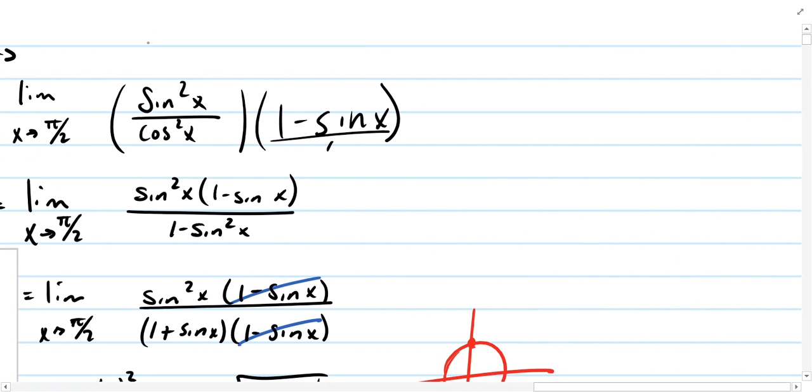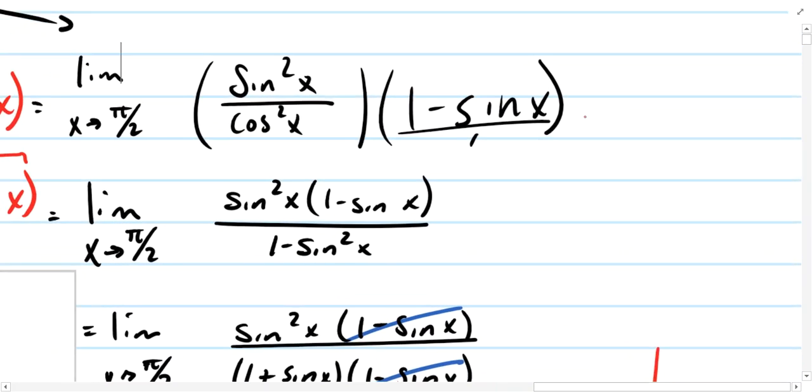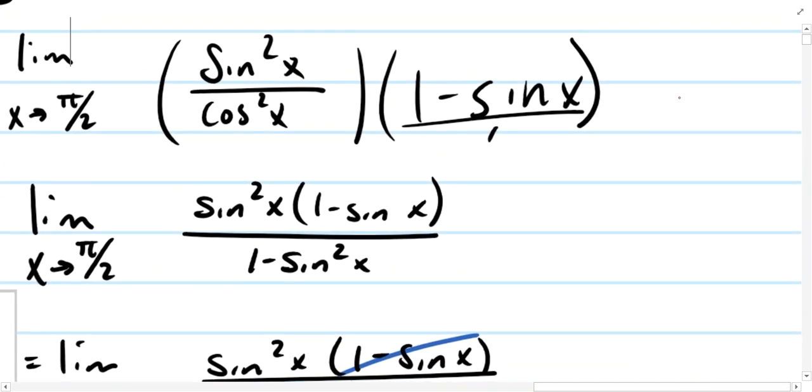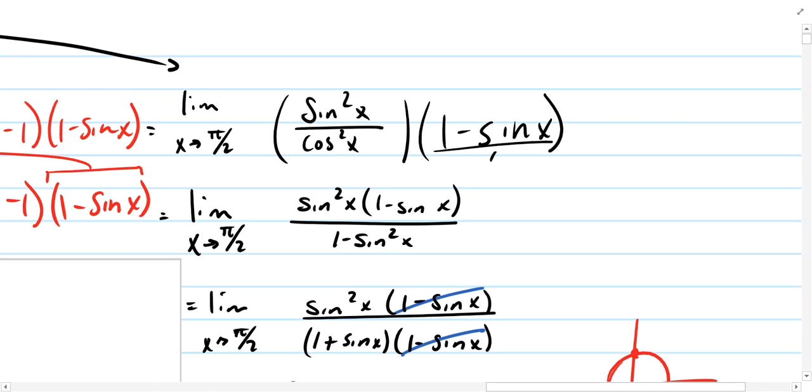So what I did the second time is I chose to rewrite tangent squared of x as sine squared x over cosine squared x. So the definition of tangent being sine divided by cosine, the definition of tangent squared is sine squared over cosine squared.